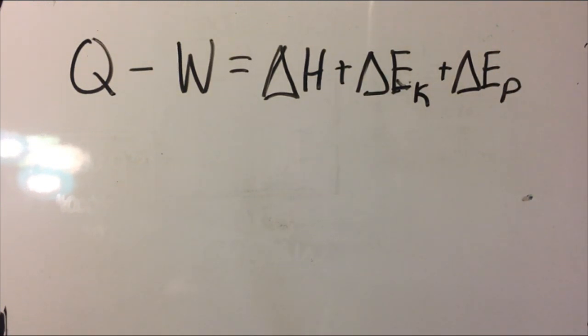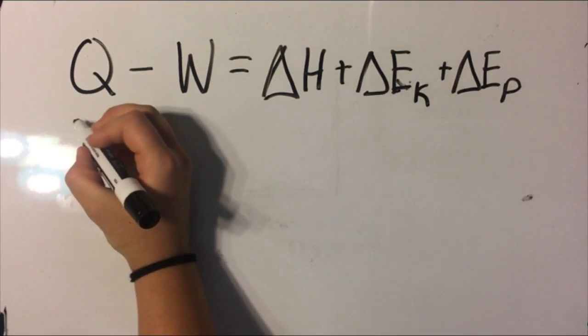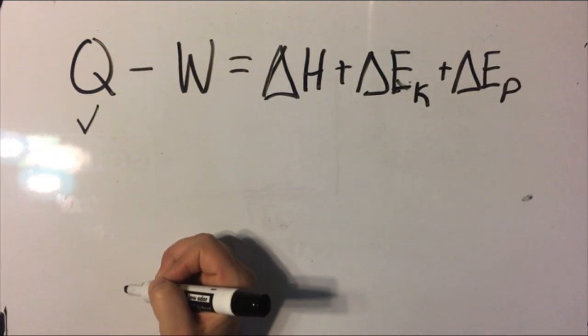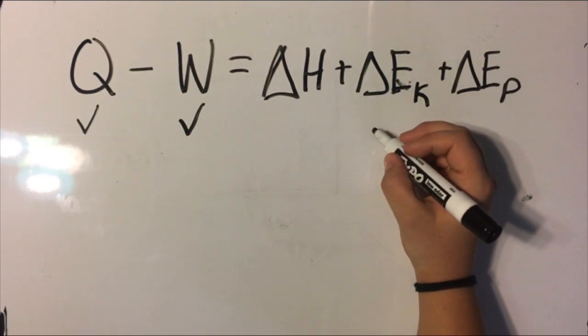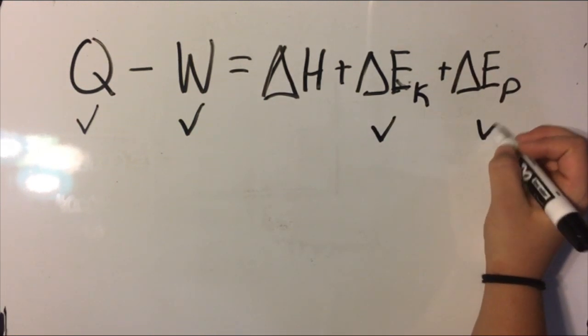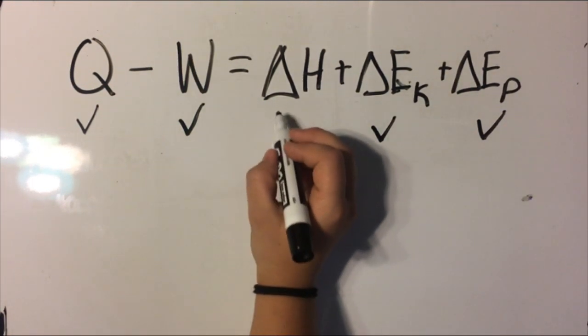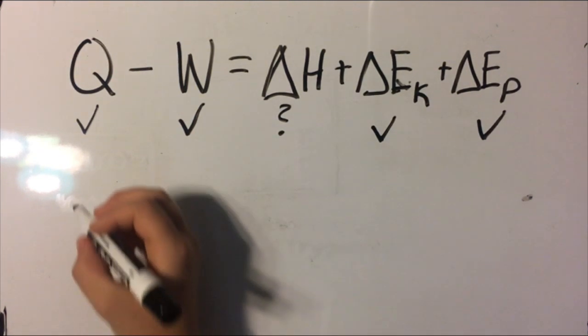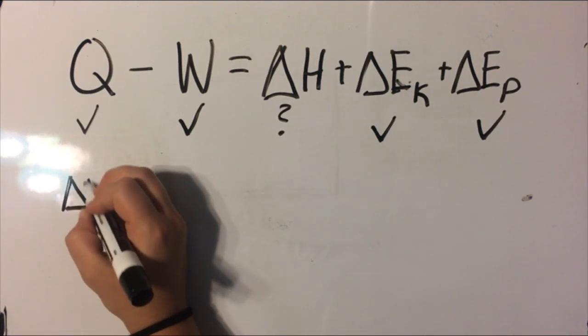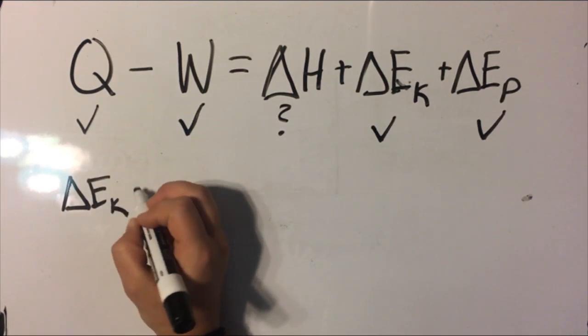From the problem, we are given our heat losses, we are given the amount of work that the turbine produces, and then we're given enough information to calculate our changes in energies. So we have to find our delta H in order to figure out what temperature the steam is at the valve. Let's start by calculating our kinetic energy.